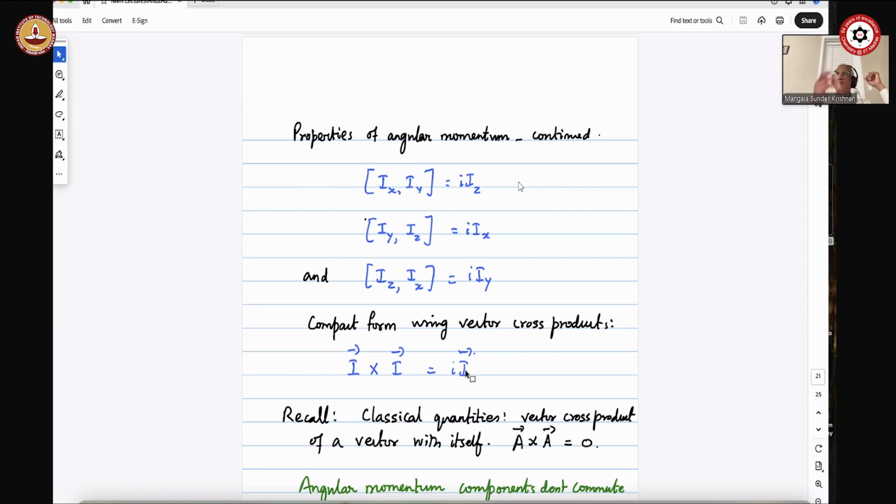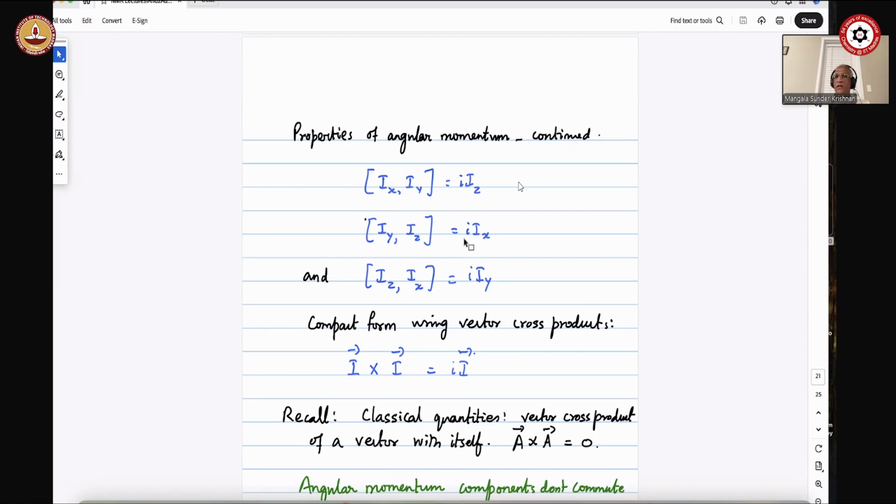Classically, A dot A is A squared. Here you can see I cross I is i I. It's purely because the components do not commute with each other. So this commutation relation is the most fundamental relation among the components of angular momentum in 3 dimensions.